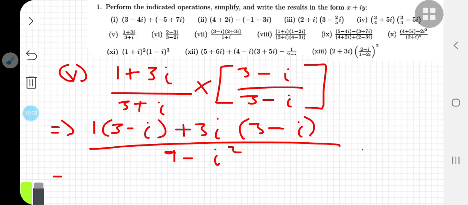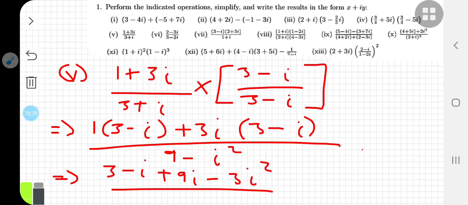From here, if we simplify on top, we're going to get 3 minus i plus 9i minus 3i squared over 9. So i squared is negative 1, so it's going to be 9 minus negative 1.